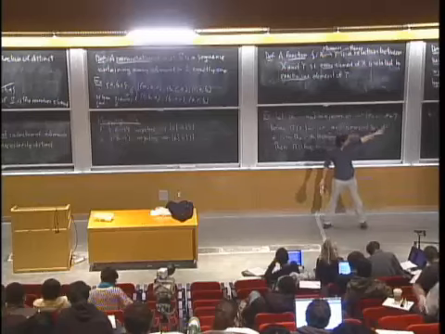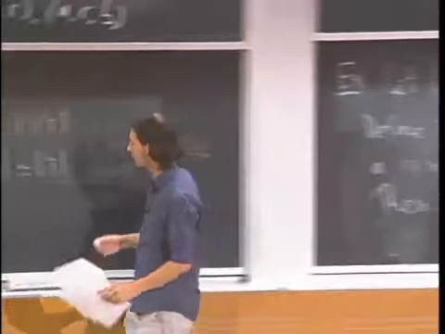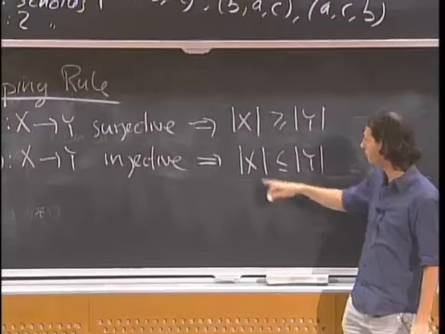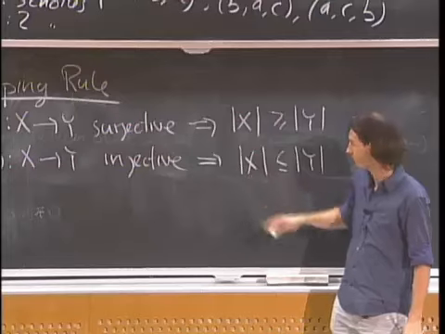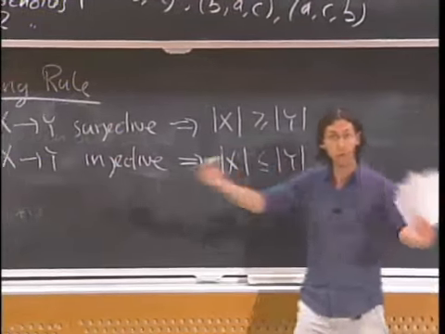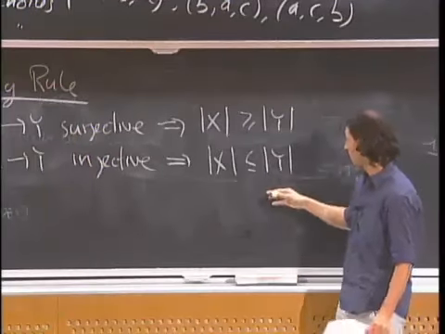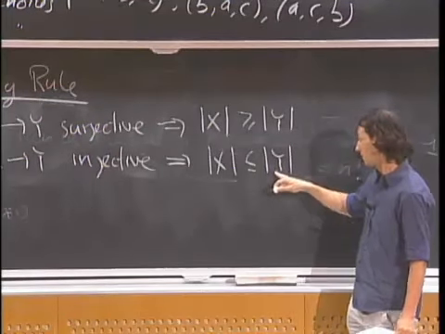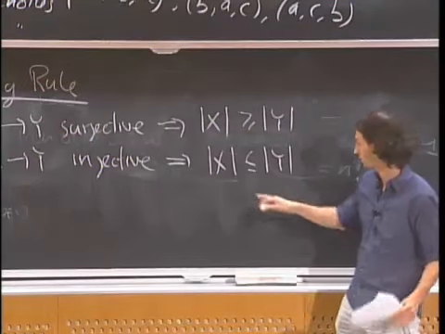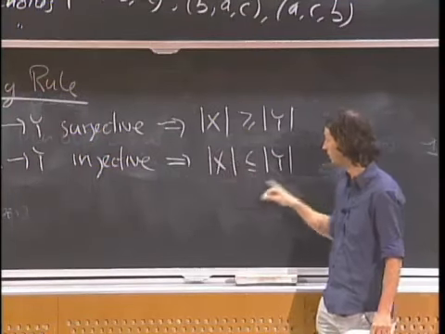Every element is mapped to at most one element, so every element in y is mapped to by at most one element in x. So we know that all the elements in x are mapped to some element in y, but every element in y cannot be mapped to more than once by something in the domain. So we know that this inequality holds.